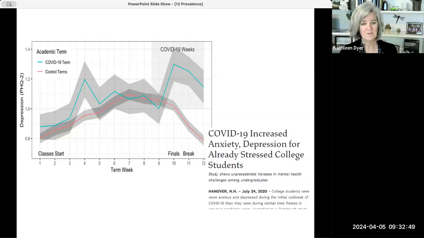But I think the more interesting part of the story is to look at the gray band around the blue line, and this doesn't tell me if that's 1 or 2 standard deviations. I'm guessing it's 1 standard deviation out, but you can see that it's way broader. It's much broader than the gray band around the red line.